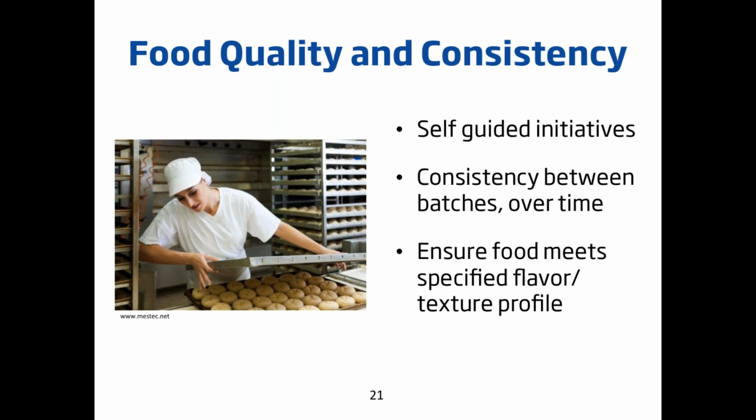If you're measuring for food safety or food labeling, typically you have to do this for some kind of reporting, whether it's to the FDA or to an internal quality agency. The food quality and consistency guidelines are typically self-guided, and this is more to ensure consistency between batches over time, as well as overall quality that's not related to safety.